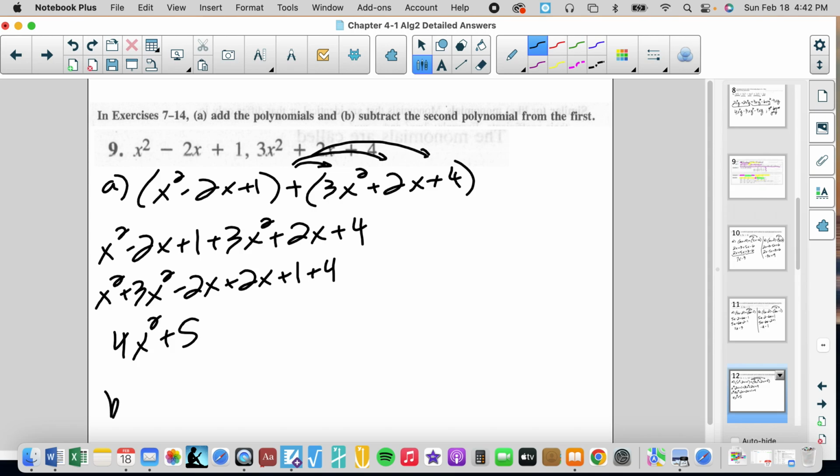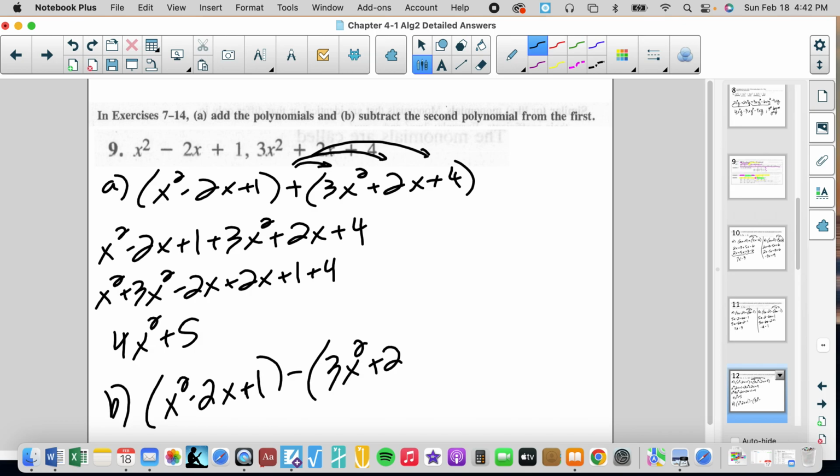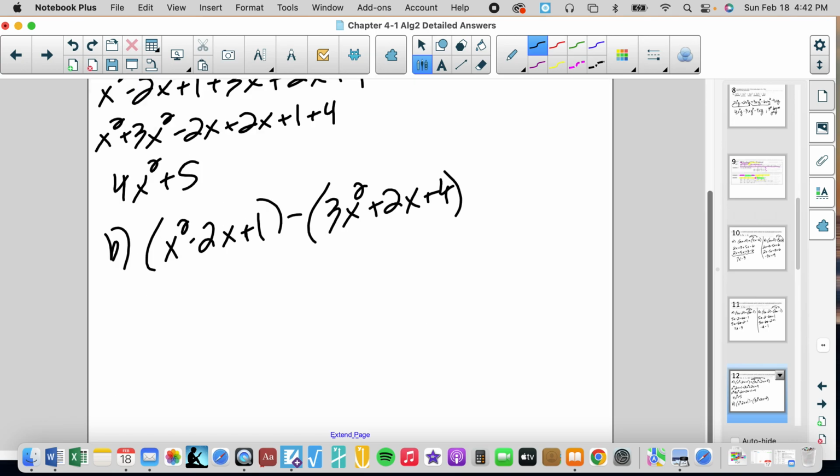And now we're going to subtract. So as I said, I'm going to move it down. This time it's subtracting that trinomial, 3x squared plus 2x plus 4. And when we distribute this negative in order to get rid of the parentheses, that will change the sign of each of the terms in here.